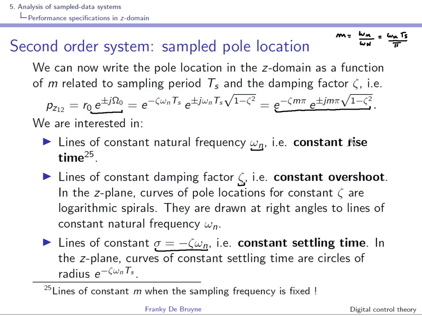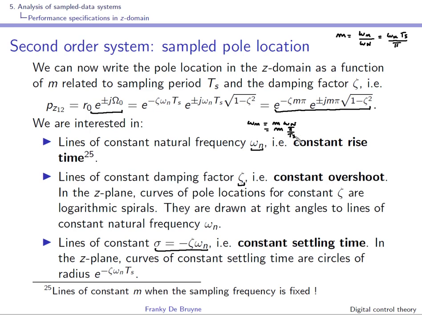So of course in the Z domain we're kind of interested in lines of constant natural frequency, so omega n here can be written as m times the factor pi over Ts.